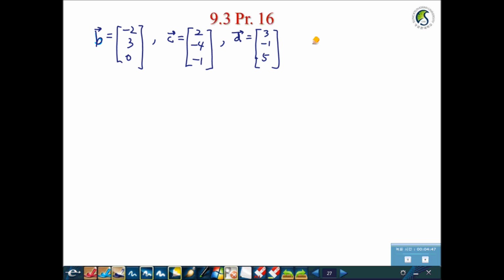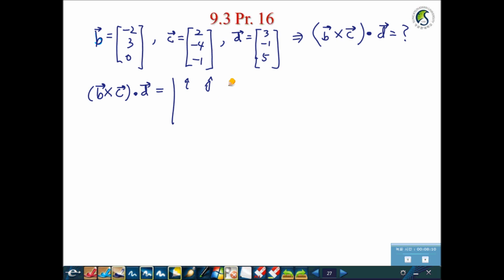Then what is B cross C dot D? Okay, so B cross C dot D is the determinant with i, j, k, then -2, 3, 0, and 2, -4, -1, right? And dot product with (3, -1, 5).